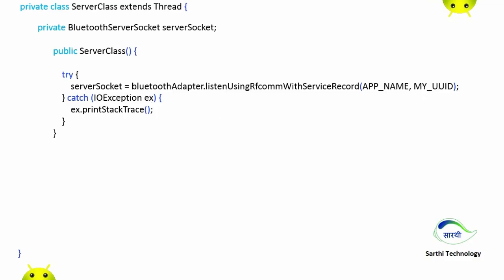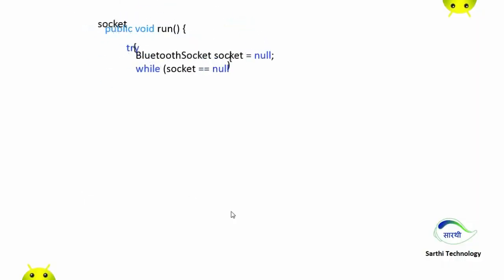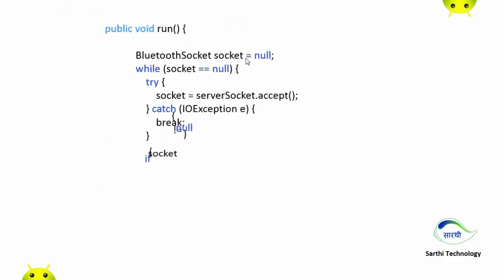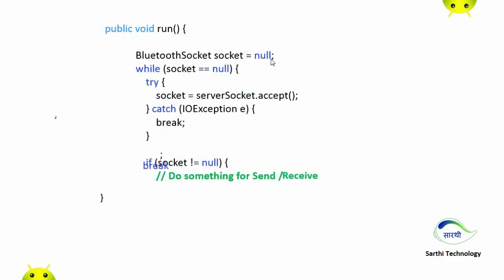After the constructor we also use public void run, and in the run method first we create an object of BluetoothSocket, that is socket, with the value null. In the next line we create a while loop.